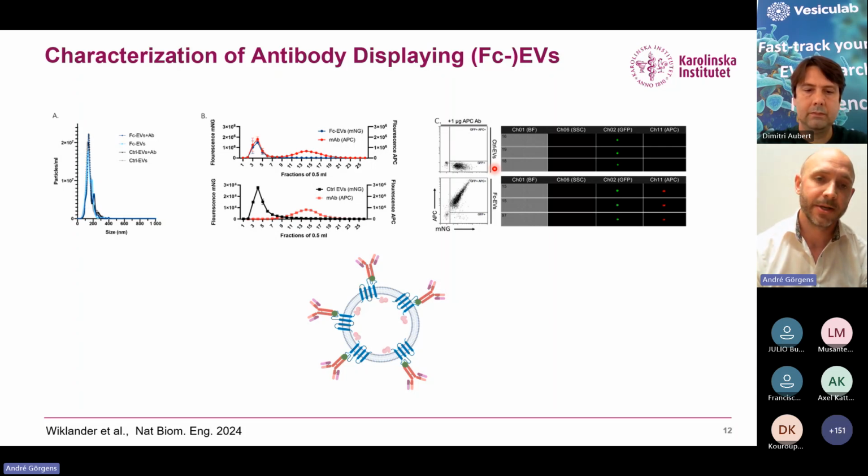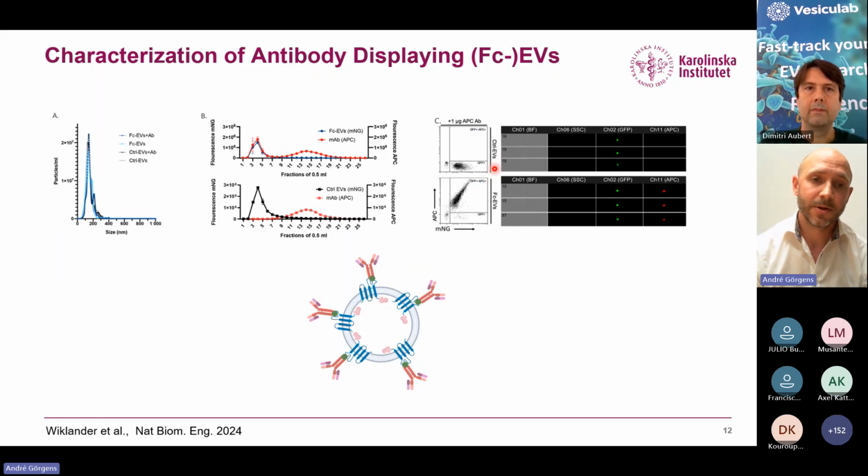As you can see here in B, we had a fluorescent reporter, as Antje mentioned. We started using mNeonGreen, and we used this for these Fc-EVs as well as the control EVs. Then we combined them with an APC-positive antibody. We incubated the Fc-EVs together with the antibody and then did size exclusion chromatography.